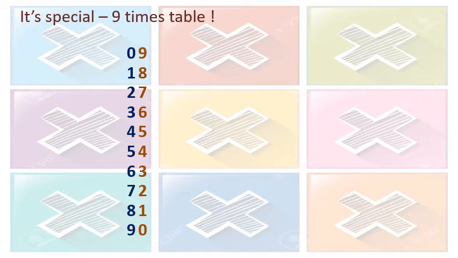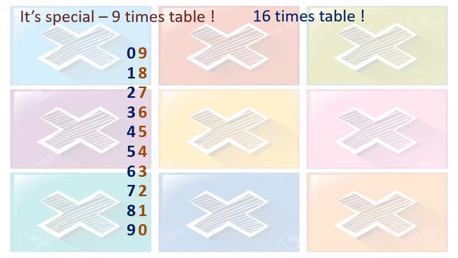Okay, dear students, we will make one more table. 16 times table. There is a good technique to make a table. See this? Here 1 is there and 6 is there. Correct? So we will write first 1 to 10 or we can say a table for 1. Okay?